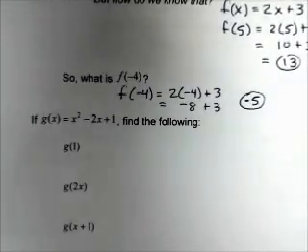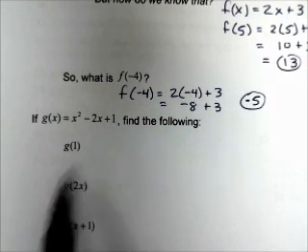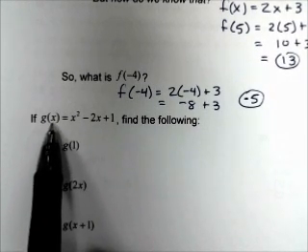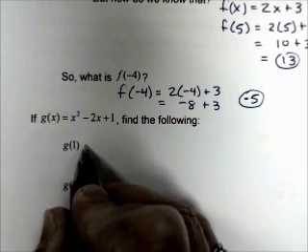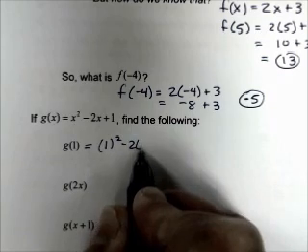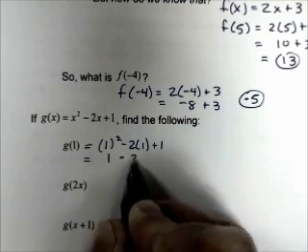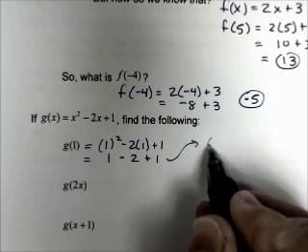If g of x is defined as x squared minus 2x plus 1, find the following. G of 1. So we're taking each x and replacing it with 1, and then evaluating. So g of 1 would equal 1 squared minus 2 times 1 plus 1, which is 1 minus 2 plus 1, which is equal to 0.